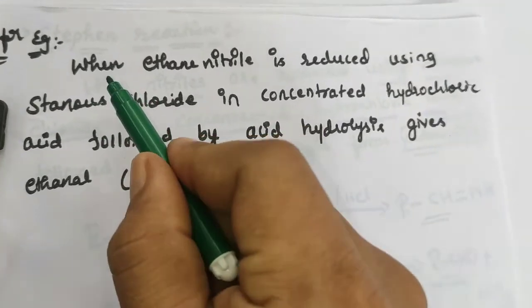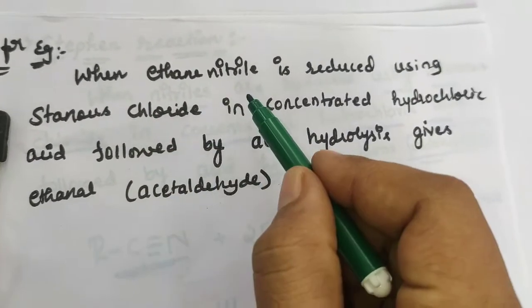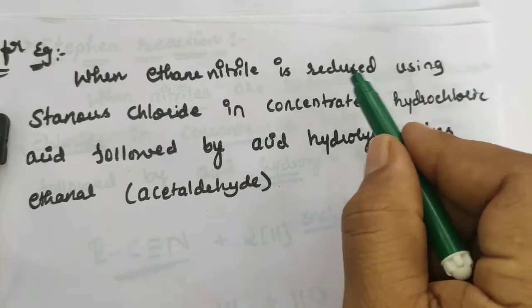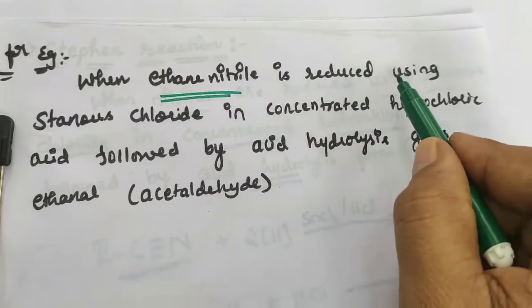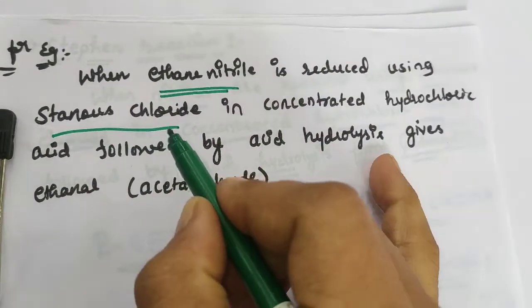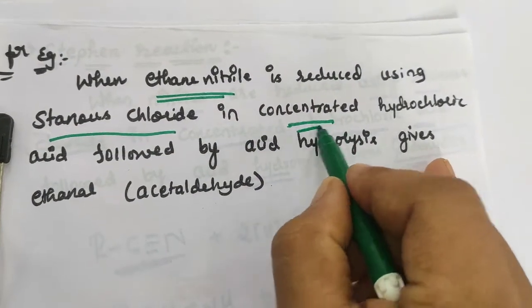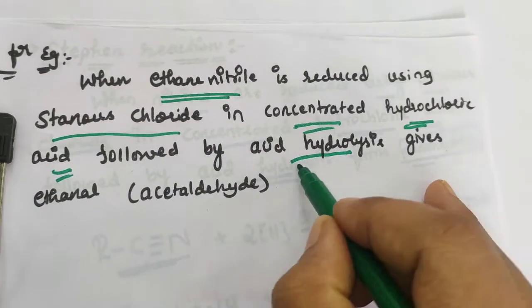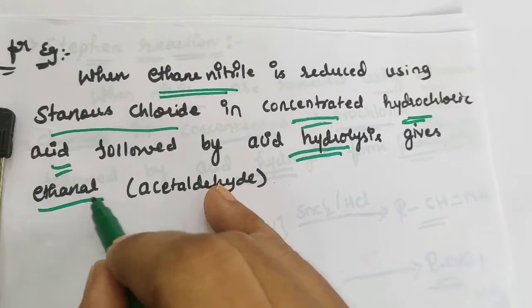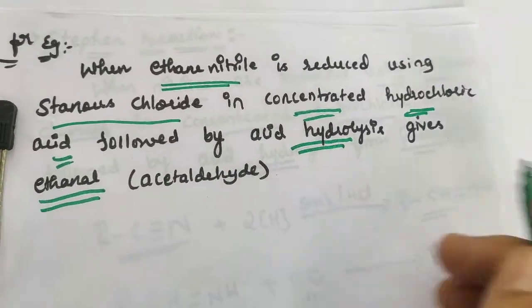When ethane nitrile is reduced using stannous chloride in concentrated hydrochloric acid, followed by acid hydrolysis, it gives the product known as ethanal or acetaldehyde.